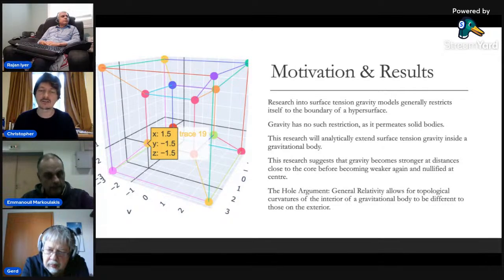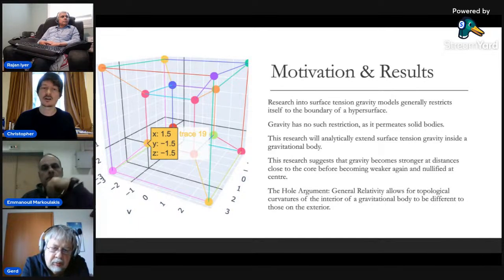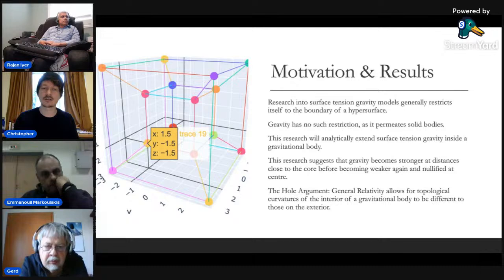And this research suggests that gravity becomes stronger at distances closer to the core before becoming weaker again and nullified at the center. The reason we're allowed to do this is partly because of something called the Hole argument, which, as it states here, allows for topological curvatures of the interior of a gravitational body to be different from those on the exterior.